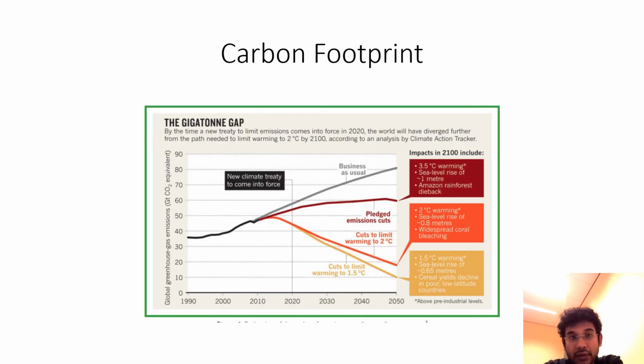So coming to the gigaton gap, as you could see, we have to drastically reduce the emissions to reach an acceptable warming of 1.5 degrees Celsius, or to limit it at 1.5 degrees Celsius. Belgium has, for instance, 20 tons CO2 equivalents per year. So you could see that a lot of reduction is needed here.